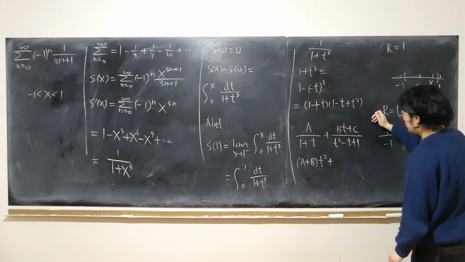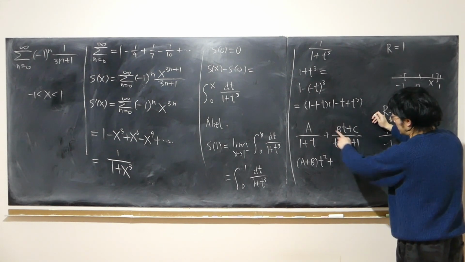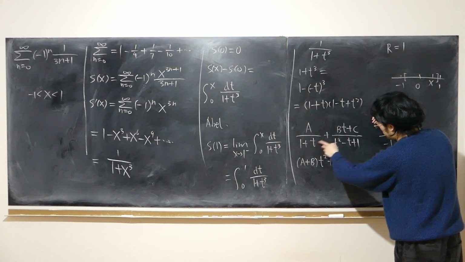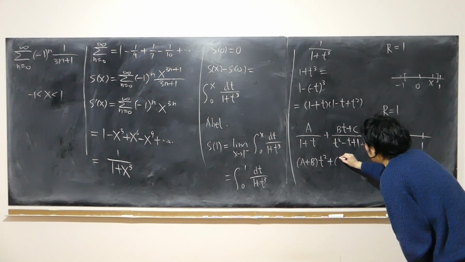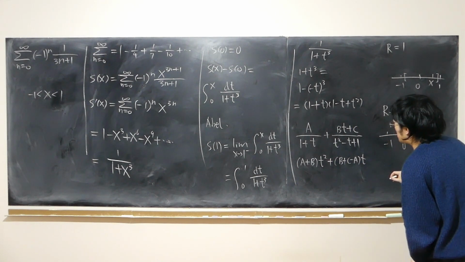Then the t term: we have minus a, also b, also c, so b plus c minus a times t.